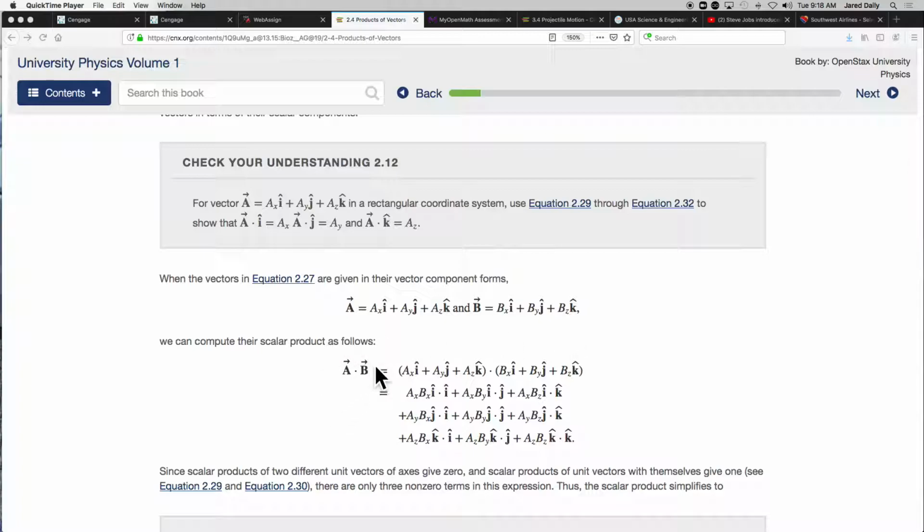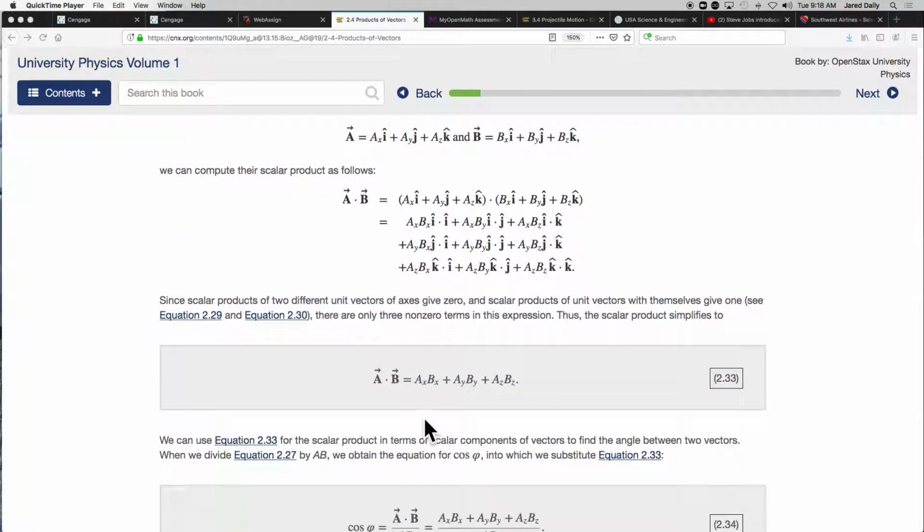If you have two vectors A and B, and you are computing the scalar product between them, you take the x components of each and multiply them together, and the y components of each and multiply them together, and the z components of each and multiply them together. Those are just the coefficients. And then you add those three products together to get the overall scalar product or dot product.